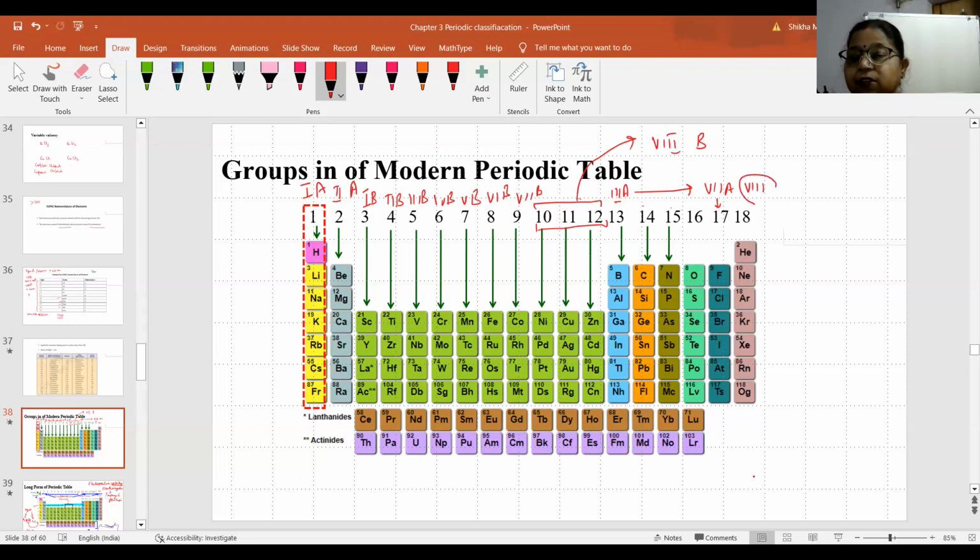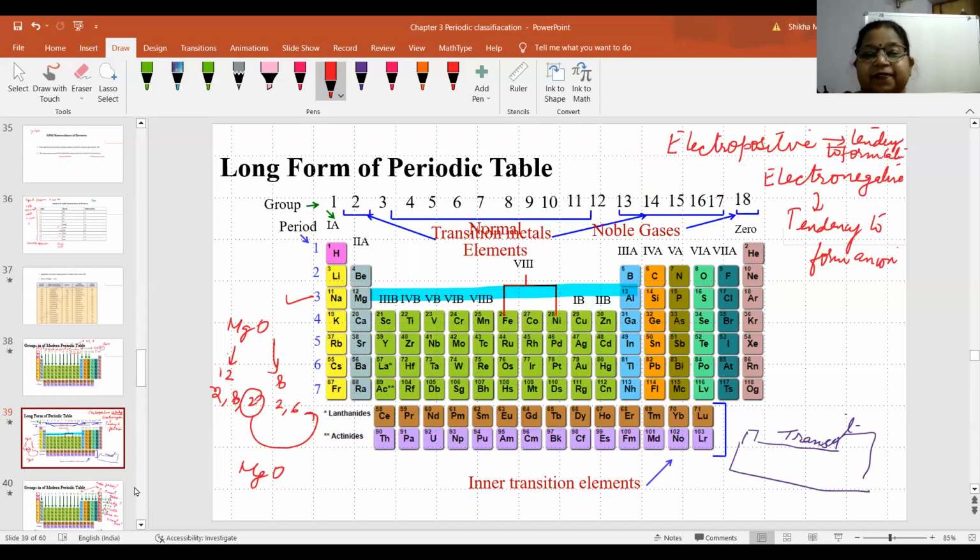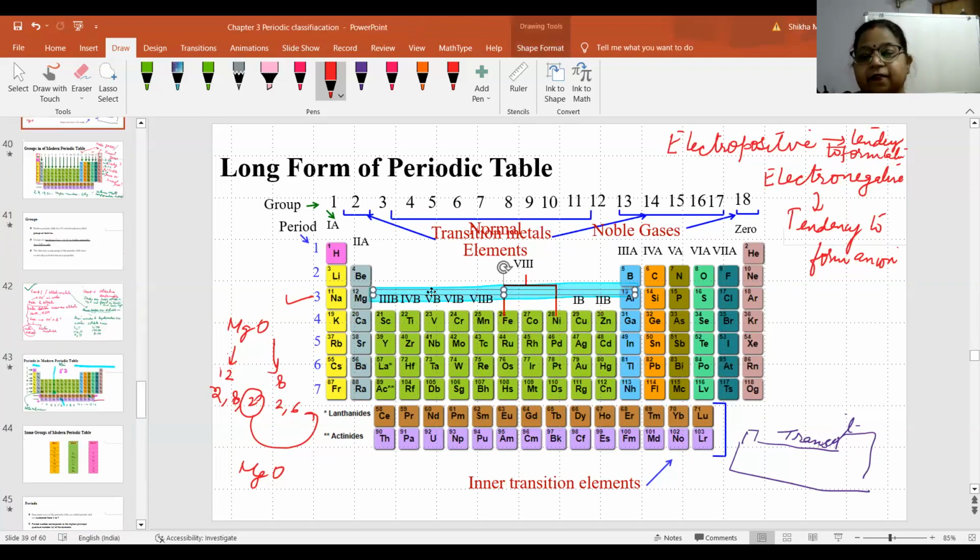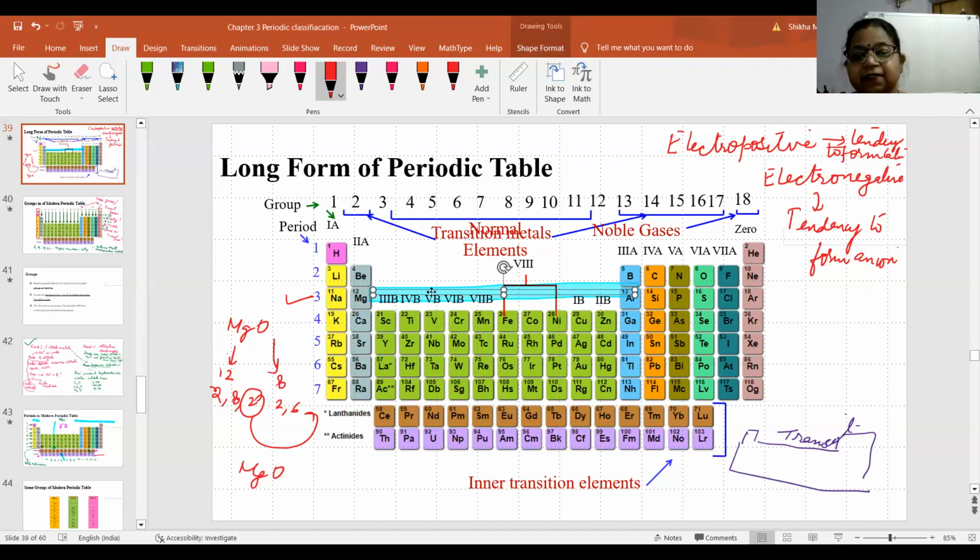Sometimes this group 8 is called the zero group. Is it clear? Yes, ma'am. Okay. But nobody asked me why it happens. Why are we calling certain groups A and certain groups B? If you have not asked me, then I'm going to ask you. Any answer?